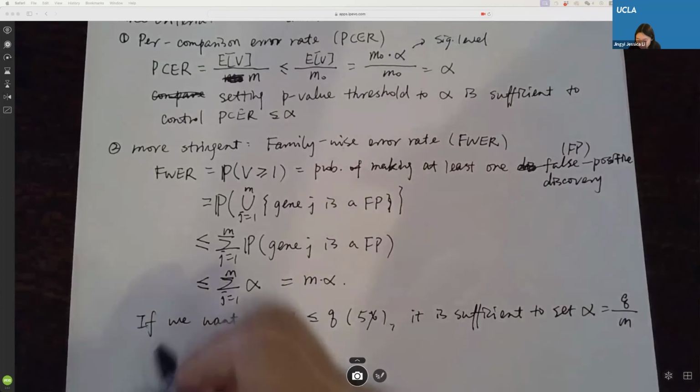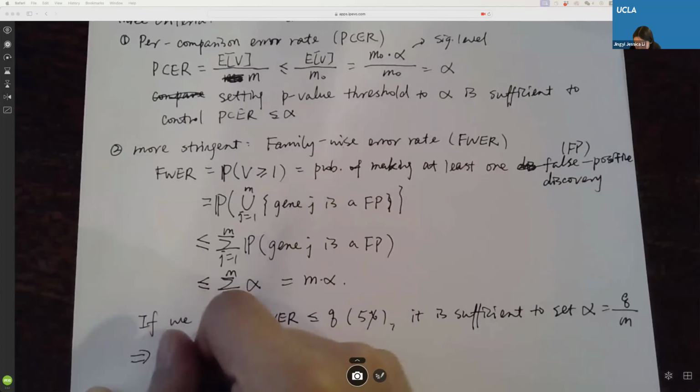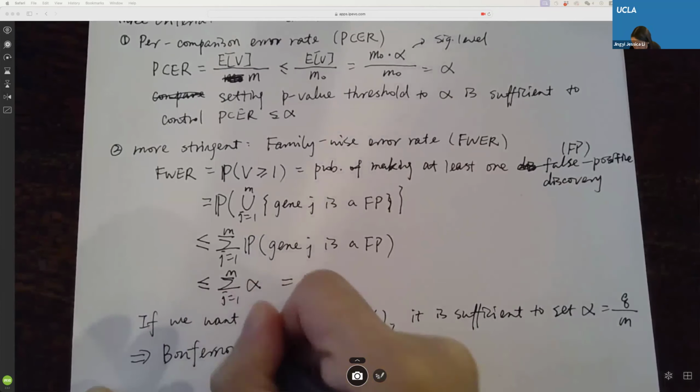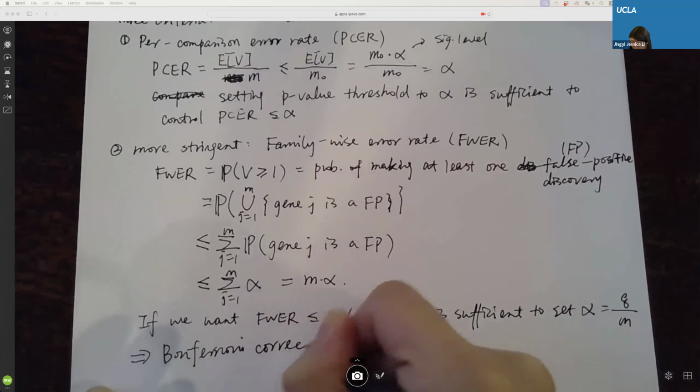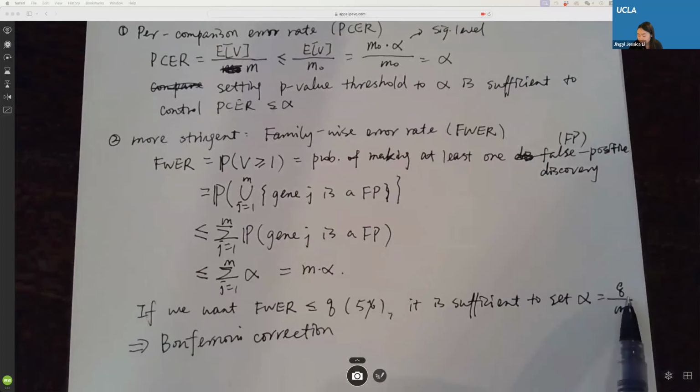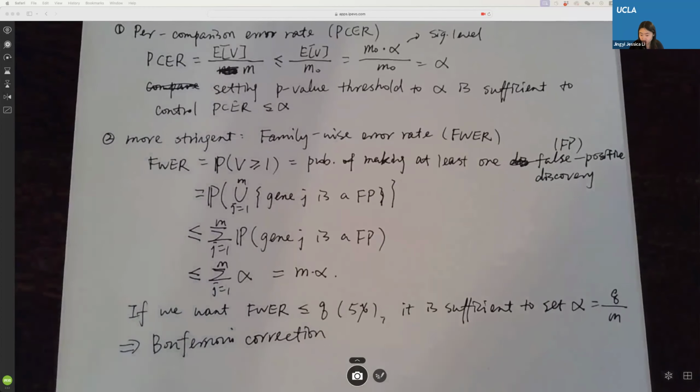This is known as Bonferroni correction. You can see how it can be very, very conservative, because if your Q is 0.05 and m is 10,000, then this will be an extremely small number, and you may not have a p-value less or equal than that. Therefore, you may not have any discoveries.